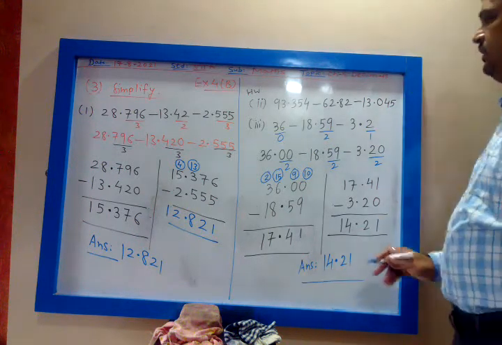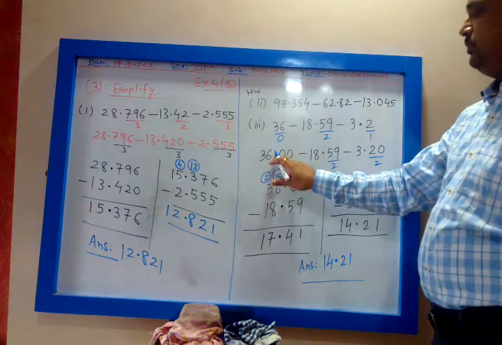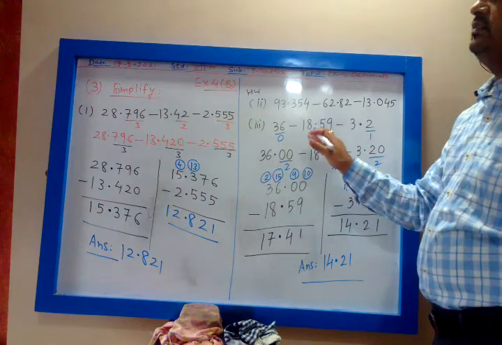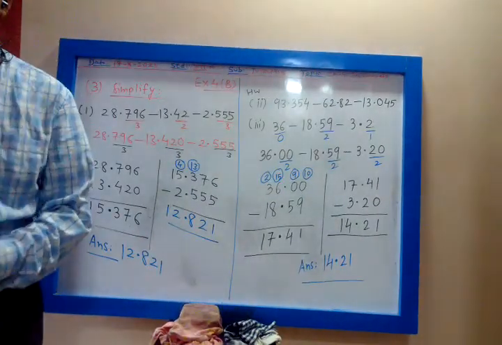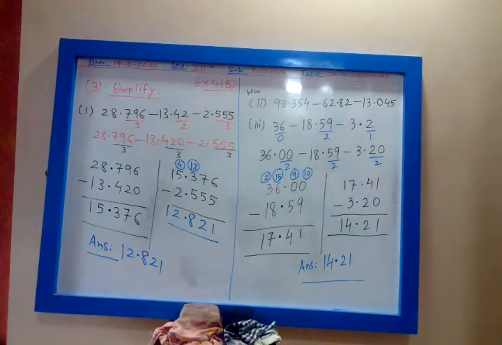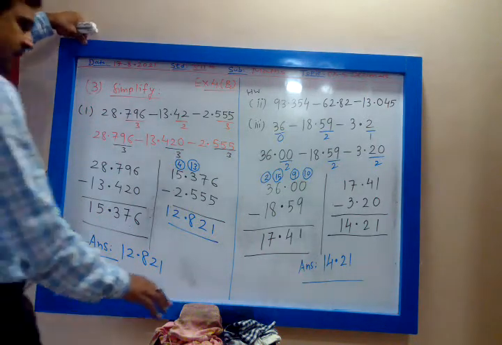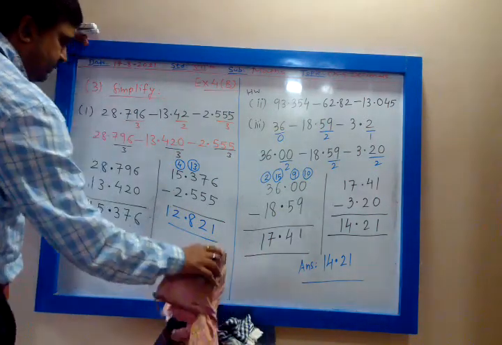Is it clear? So whenever there is no decimal, we write point and then we write down the number of decimal places, 0, 0. If there is no decimal, then we take in the decimal places 0, 0.